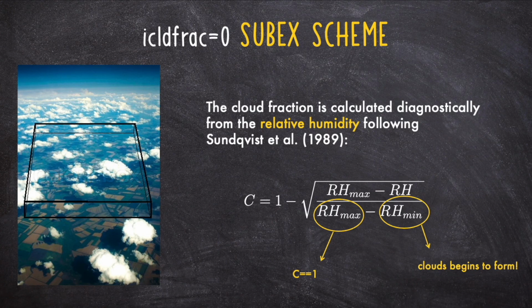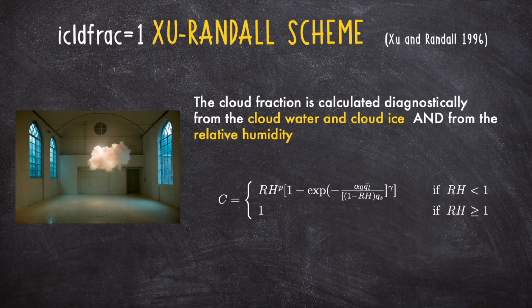As mentioned before, large-scale relative humidity is the most frequent predictor for determining the cloud amount in existing diagnostic parameterizations. However, this scheme allows situations where one could have cloud liquid without having any cloud. So, setting ICLDFRAC to 1, we activate the Xu and Randall scheme.